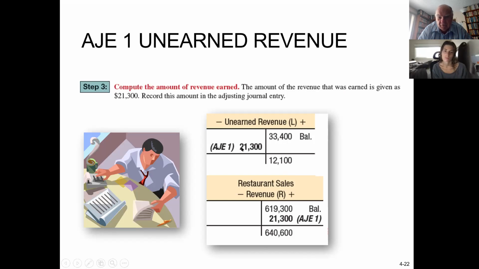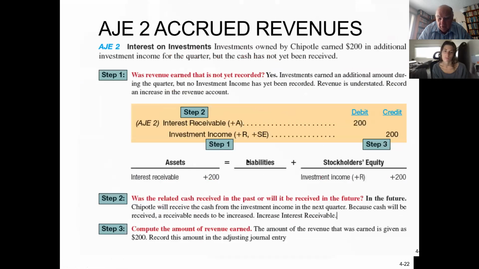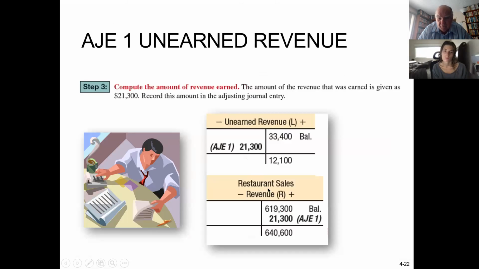So we're going to credit the revenue account for 21.3 to increase it. We debit unearned revenues, a liability account, to reduce it. So now our trial balance is adjusted correctly. This preliminary number was wrong, and now we have adjusted it.